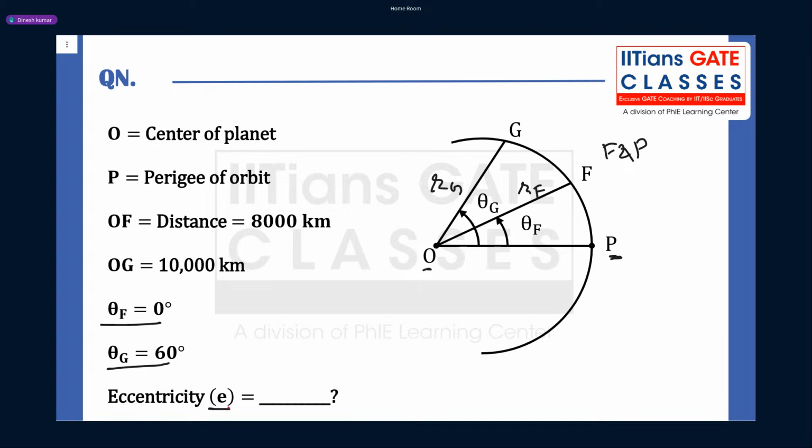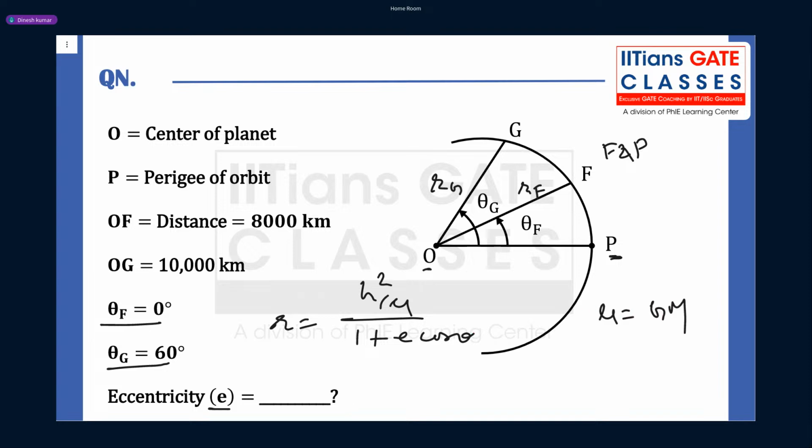We know that at any position the radius vector for an elliptical orbit is given by r equal to h squared by mu upon 1 plus e cos theta. Here h is the angular momentum per unit mass, and mu is GM.